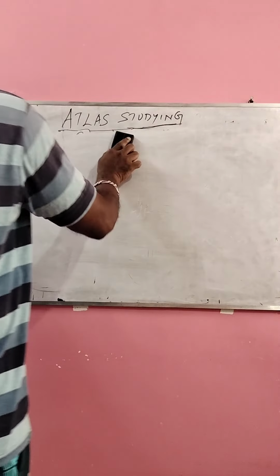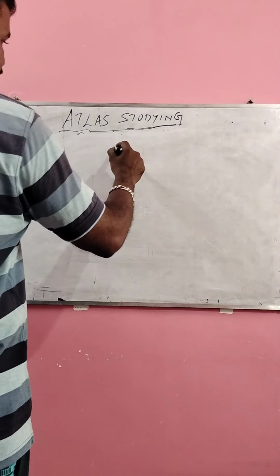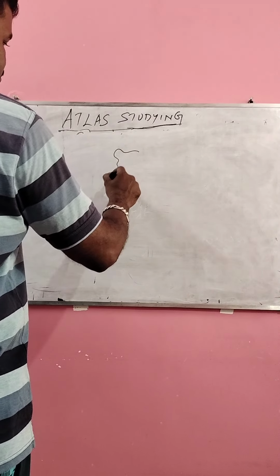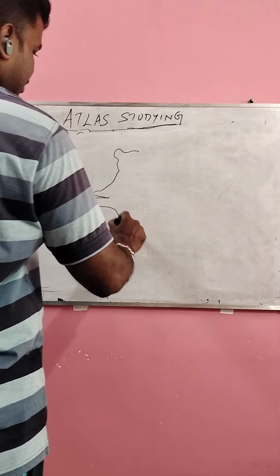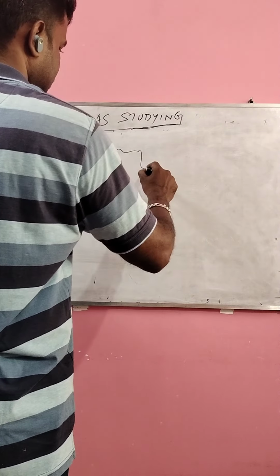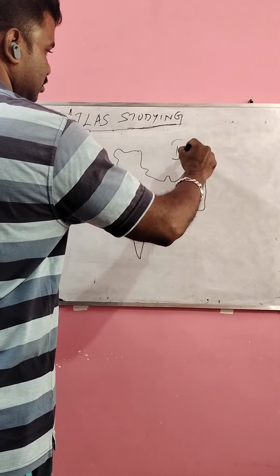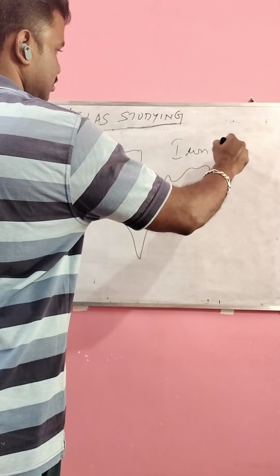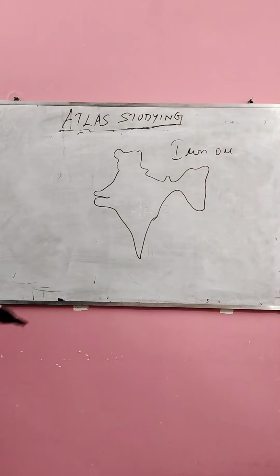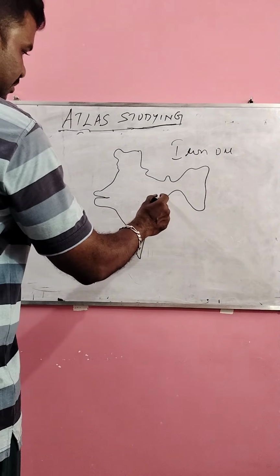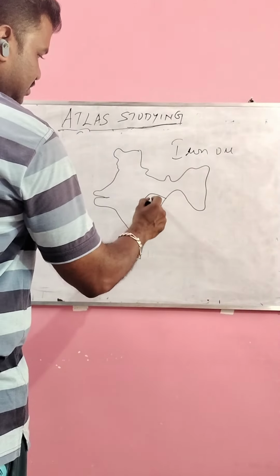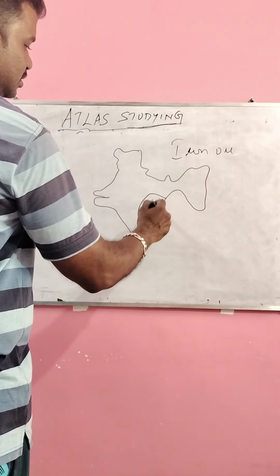Assume that I am studying the thematic map for iron ore. Quickly draw the map of India. Theme is iron ore. Resource iron ore. The high grade iron ore called hematite as well as magnetite is mainly present in the eastern part of India. This is the number one belt.